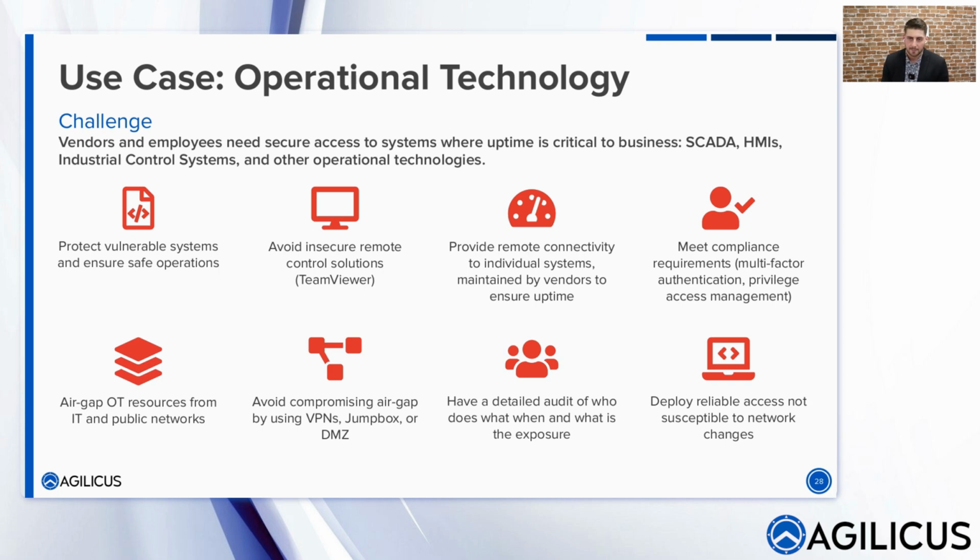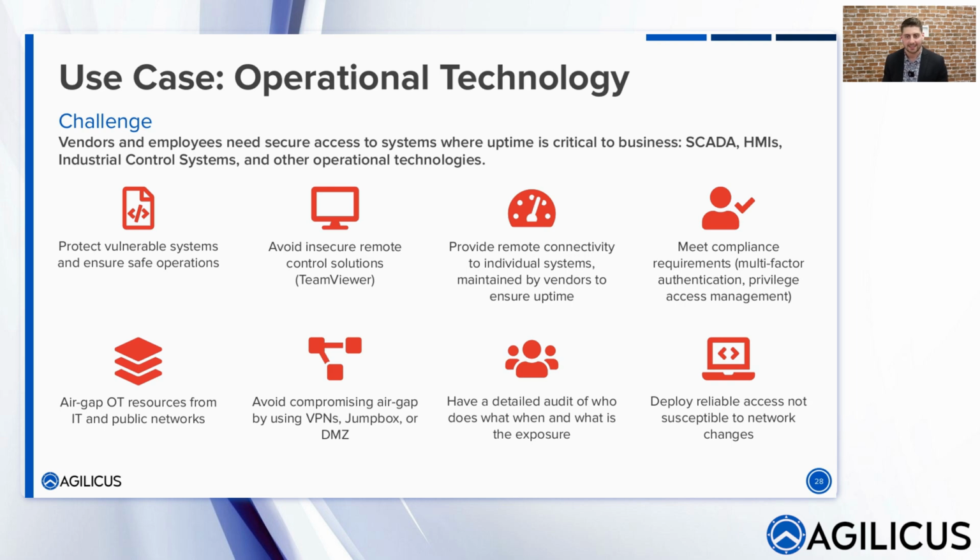But the outcome, again, taking it back to some actionable items, the outcome is that with a simple 15-minute implementation, you protect the vulnerable systems, ensure safe operation, avoid insecure remote access solutions, avoid a company bringing in a backdoor. You provide remote access to individual systems, not an entire network.